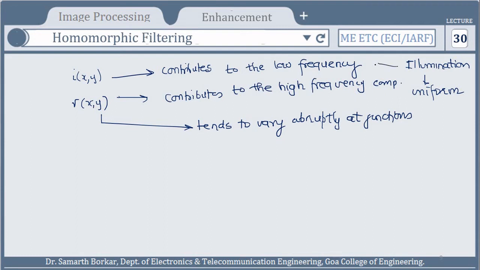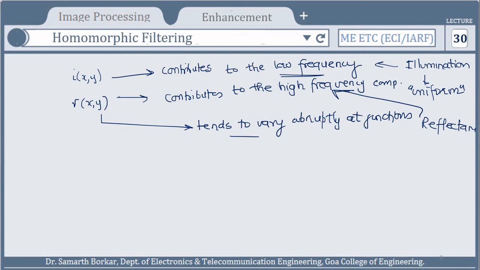The illumination is associated with the low frequency components, and the reflectance is associated with high frequency components, and this is the reason. Illumination is considered to be uniform, and the reflectance tends to vary abruptly at the junctions of dissimilar objects.